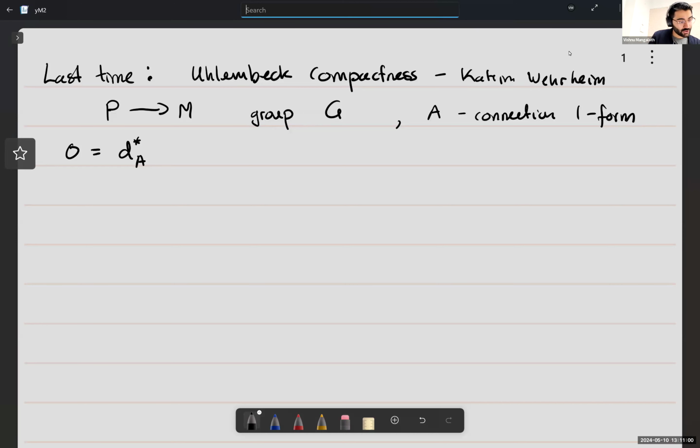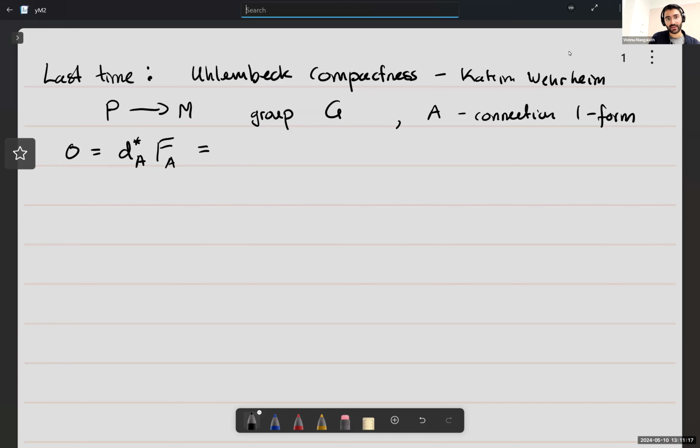So, it was the covariant derivative of the connection one form. And then the Yang-Mills equations were just the adjoint of the exterior covariant derivative applied to F_A equals 0.